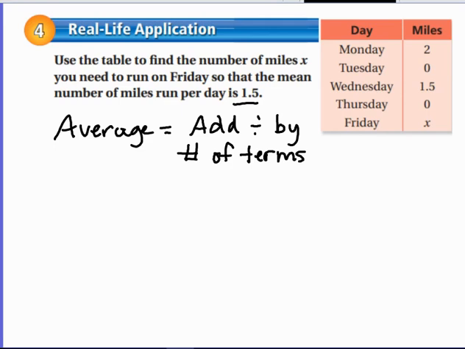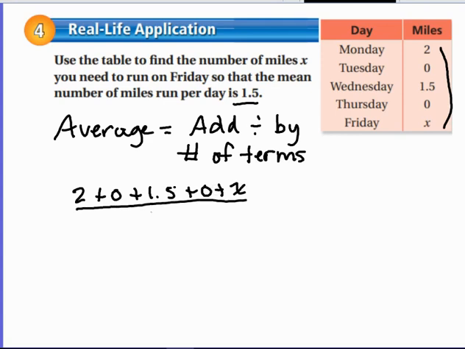So in this case, we're going to add together all of the miles that we ran, including Friday. And so that would be 2 plus 0 plus 1.5 plus 0 plus x. And since there are 5 days, we're going to divide this by 5. And we want that total to be 1.5 miles per day. So this is kind of the equation that we're going to solve.